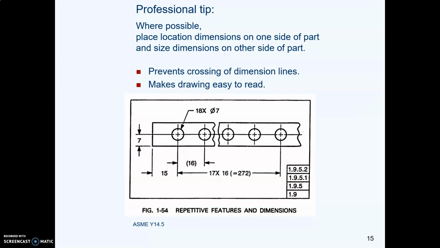And this professional tip is saying, if you have things with locating dimensions and hole diameters and one thing and another, it's helpful to your reader if you put all of the locating dimensions on one side and all of the size dimensions on the other side. You don't have to do that, but it's going to be a lot easier to read if you do that. And your reader, your machinist, will be grateful.